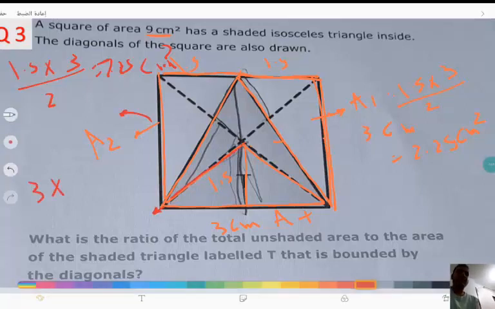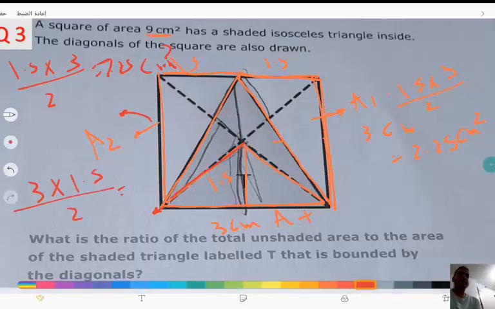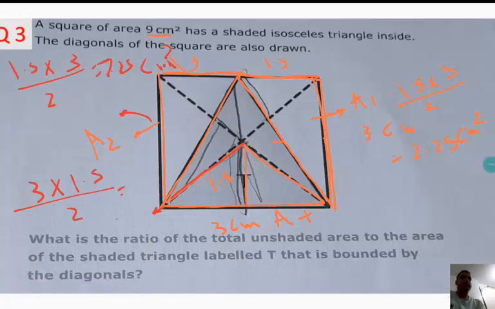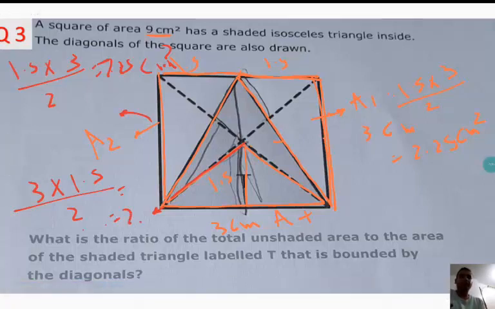3 times the height, which was 1.5, divided by 2, same area here, 2.25 centimeter square.